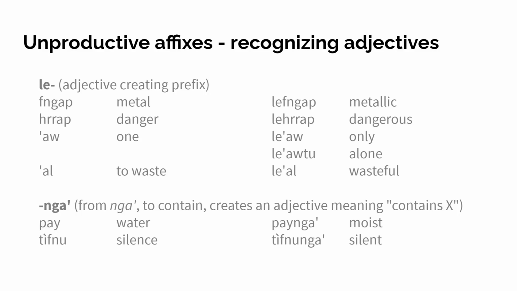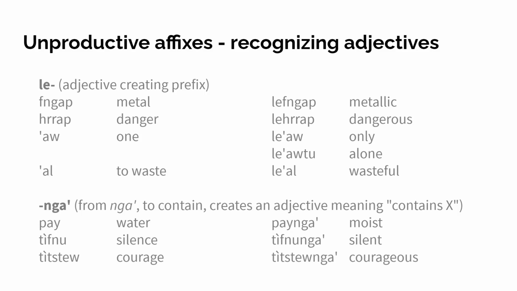So we know that tifnu nga is derived from tifnu, which is the noun, and then the nga was added last to turn it into an adjective. Tifnu actually comes from the verb fnu, which means to be silent. So we have fnu, to be silent, becoming tifnu, silent, the noun, and then tifnu nga, silent as an adjective.